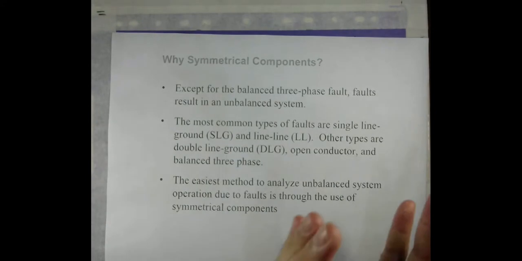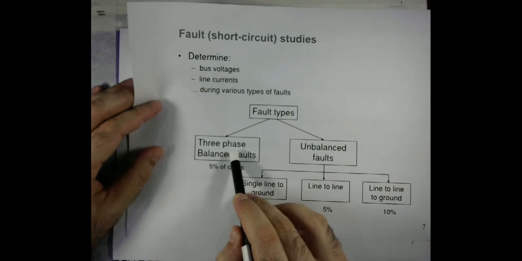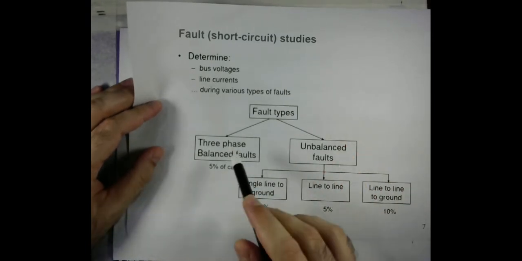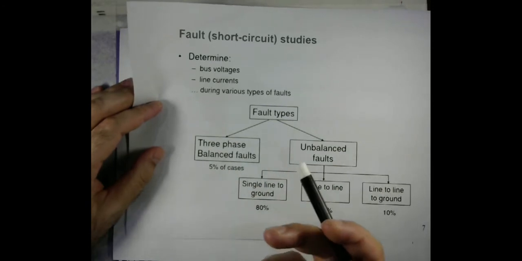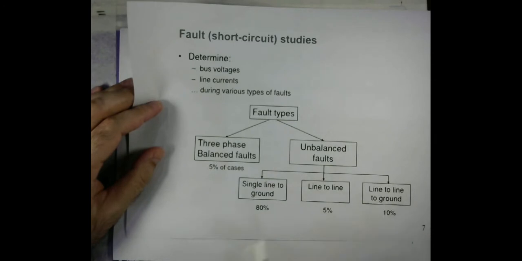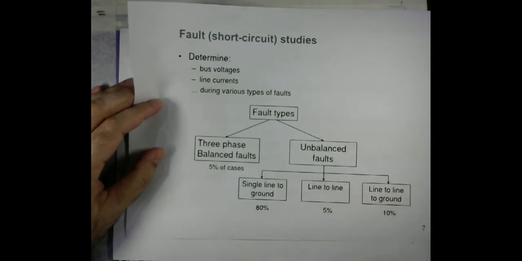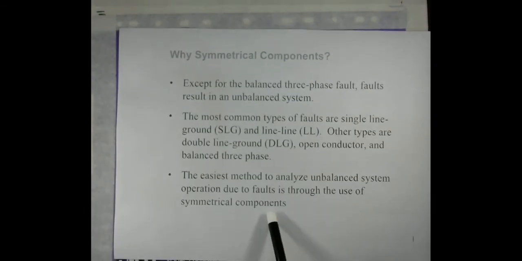As I discussed in the last lecture, we analyze the balanced faults using Thevenin theorem, and we even solved a problem using the Thevenin theorem to analyze the bus voltages and currents flowing in a network. But to analyze unbalanced faults, we use the method of symmetrical components.